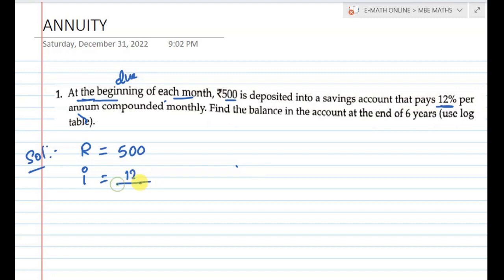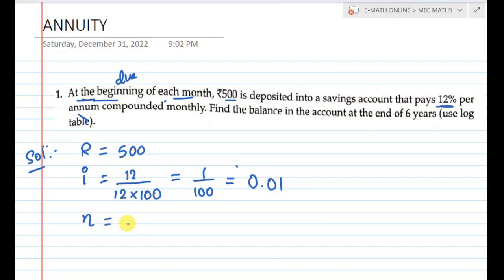So 12% means 12 by 1200, so that means 1 by 100, that means 0.01. That was the interest.